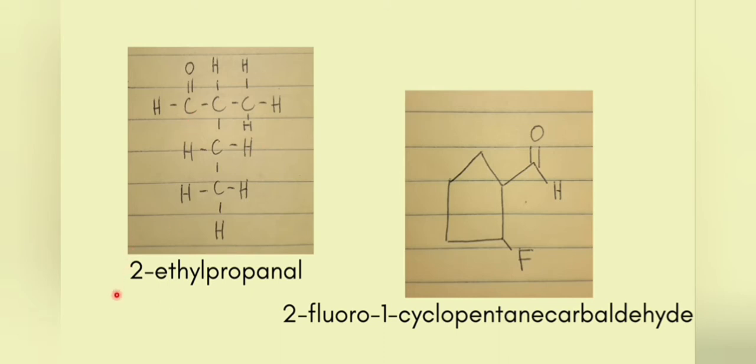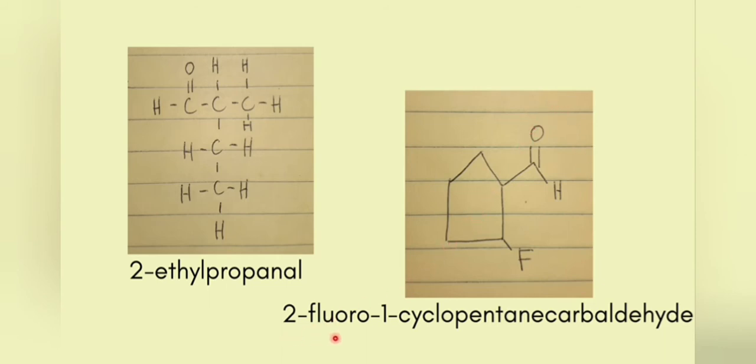So 2-ethyl propanol. And for this one, 2-fluoro 1-cyclopentane carbaldehyde. Since this is a cyclic ring, cyclo is included, and carbaldehyde was added because there is a carbonyl present and attached to the cyclic ring.